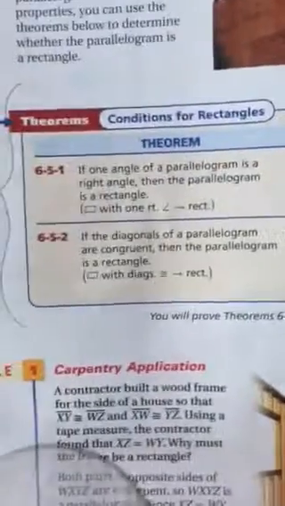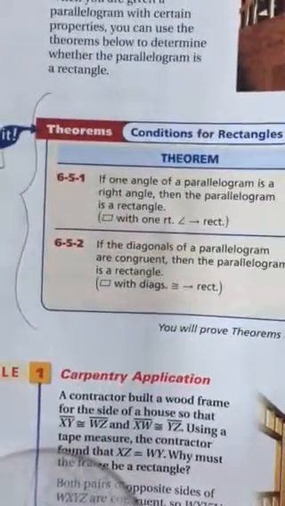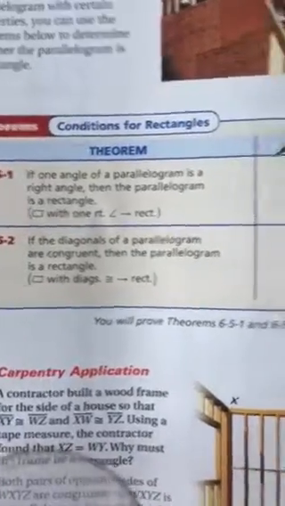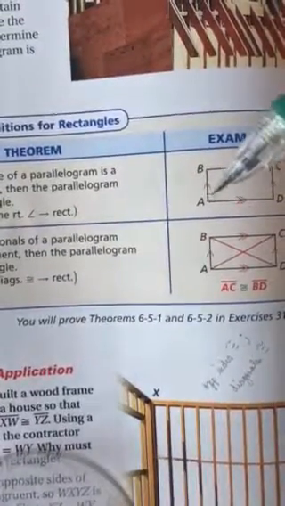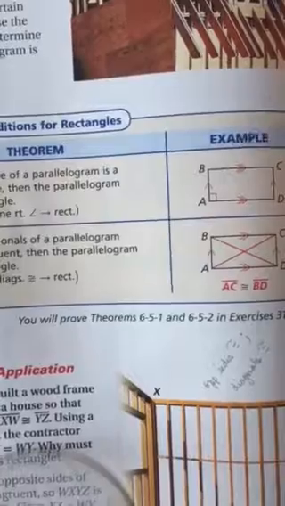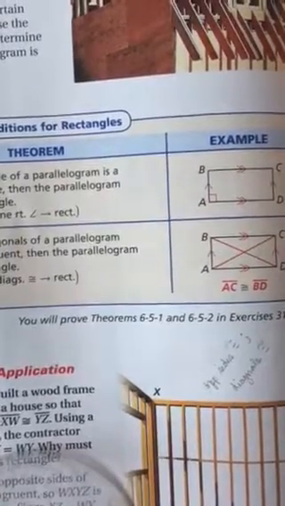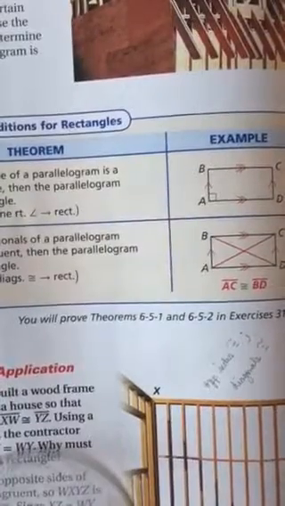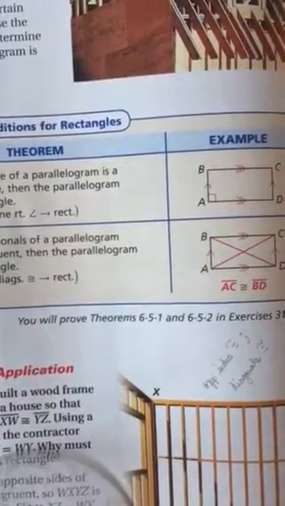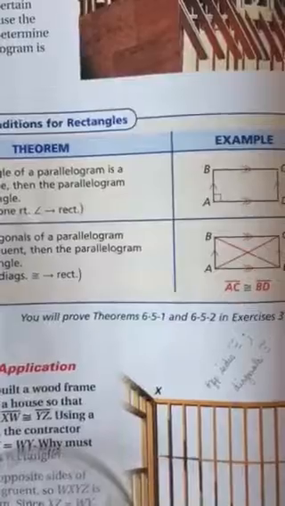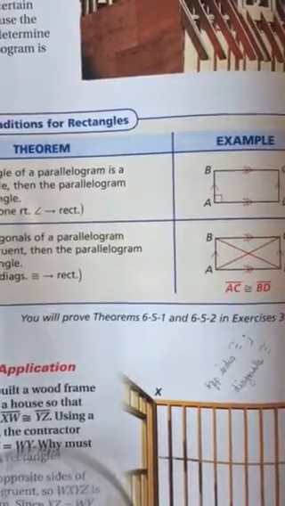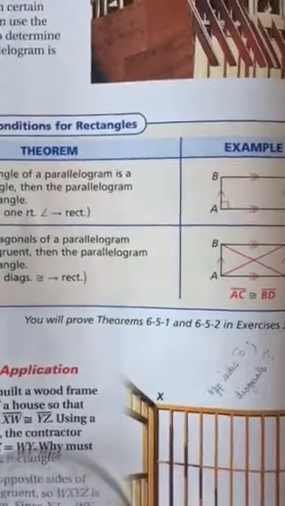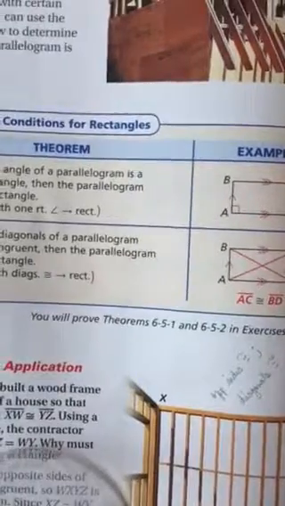For example, the first one, 6-5-1 right here, that if we have a parallelogram and know just one angle is 90 degrees, that lets us know it's a rectangle. So that is going to be important. I can't stress that enough. Y'all make sure that you're very familiar with these. Keep coming back to them in homework, and you should be good to go on 6-6 homework now. You should have all the pieces of the puzzle. All right, that's it.